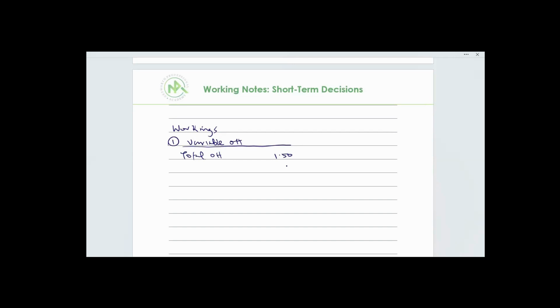But because we are not given variable overhead, and in the question examiner gave us fixed overhead, I would then say fixed overhead per unit is equal to 100,000 naira divided by 100,000 boxes.